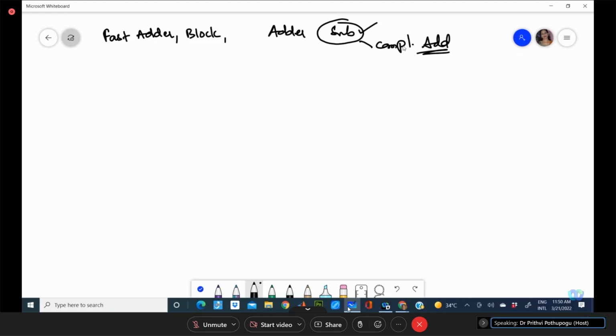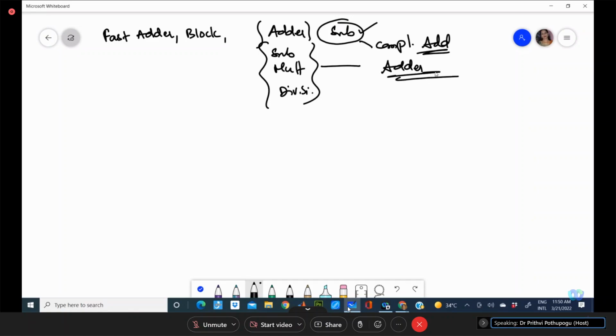So any element, whether adder, subtractor, multiplier, or division, everything will be implemented using the concept of adder alone. Only the adder is the basic block.